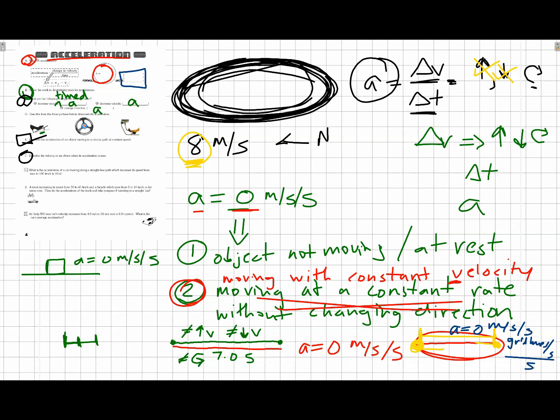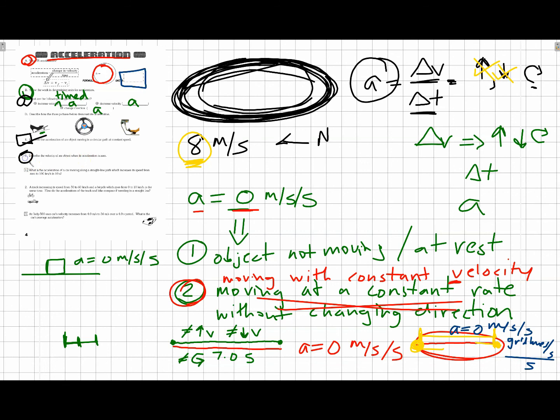All right, from the top on this letter E and F. Describe the acceleration of an object moving in a circular path at a constant speed. Even though the object has a constant speed, a set magnitude that doesn't change, the fact that you're changing direction and timing that means there absolutely is acceleration. So an object moving in a circular path does accelerate despite a constant magnitude because of the change in direction.